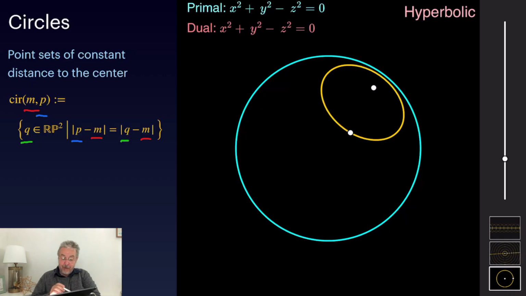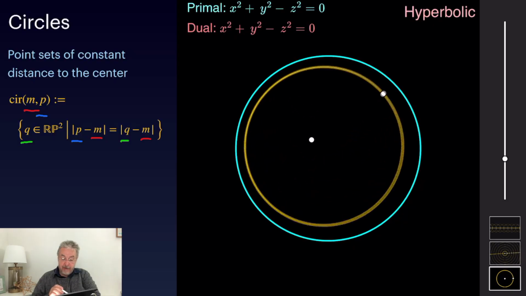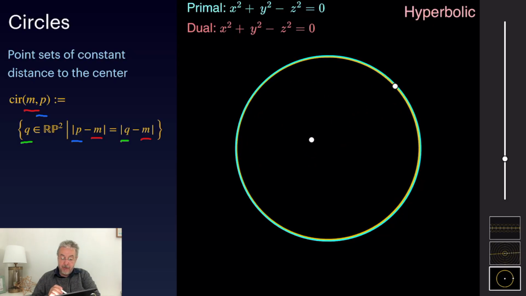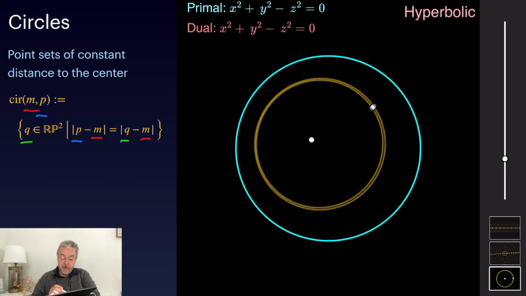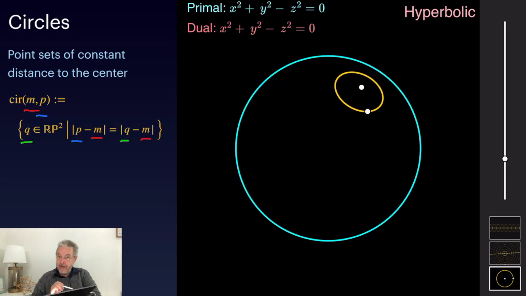It is the set of all the points that have the same distance to the center of the circle. And you remember, distances, when they get close to the boundary, they get squeezed together. And this is what we actually observe here. You also observe that if I move my point close to the boundary, I get a bigger and bigger circle that more and more corresponds to the unit circle. So let me move on.